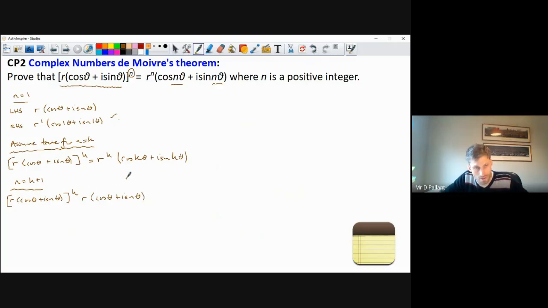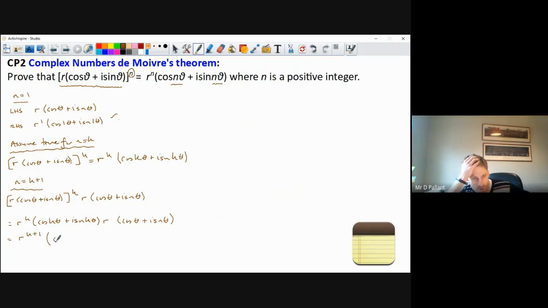So clearly, using the line above, that will be r^k (cos k theta plus i sin k theta). You're going to times those r terms, which will give you r^(k+1).